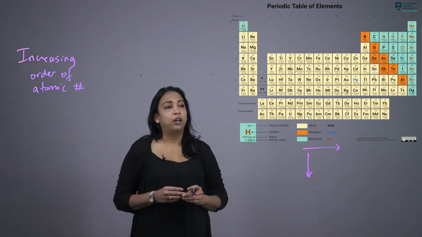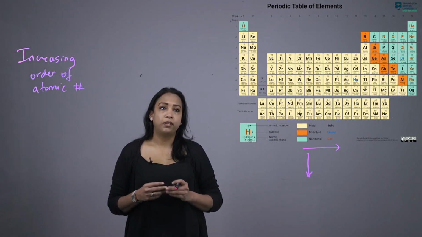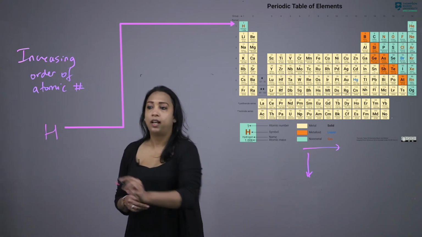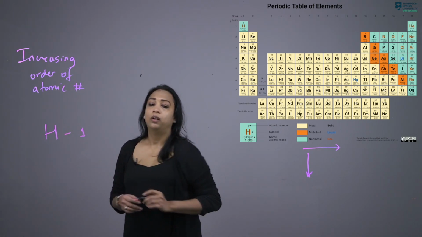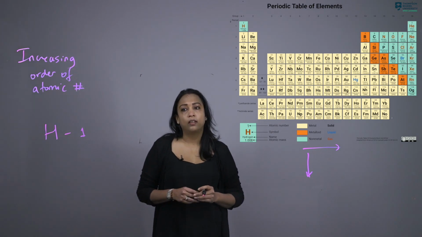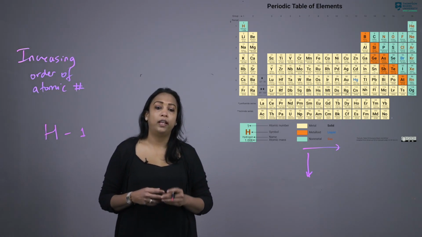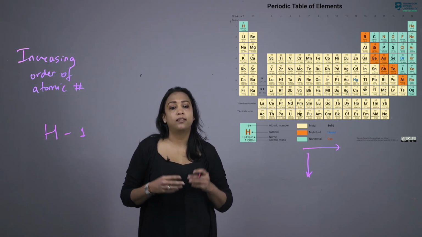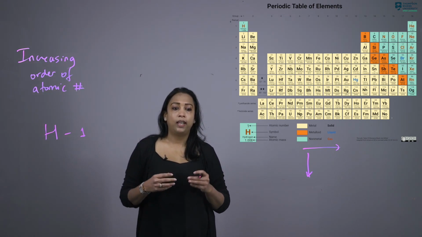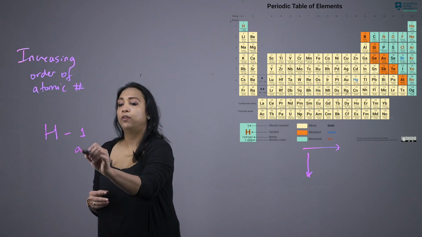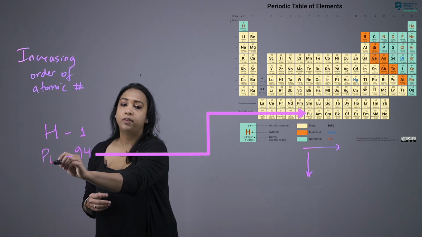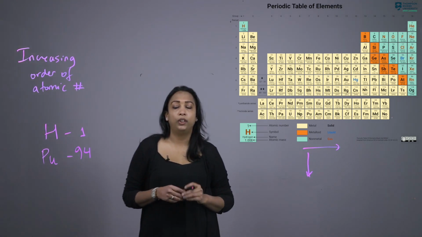Now, in terms of naturally occurring elements, as I mentioned before, the periodic table begins with hydrogen. Hydrogen has an atomic number of 1. Now, this means that hydrogen has 1 proton in its nucleus. The highest atomic number that's a naturally occurring element is depicted at position 94, and this happens to be plutonium, which is represented by the symbol Pu.